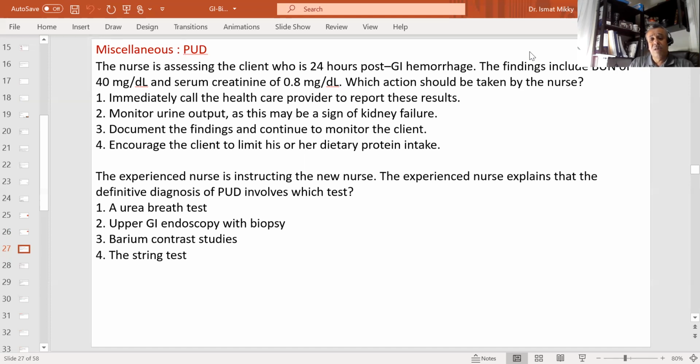The biopsy makes it possible to differentiate peptic ulcer disease from gastric cancer and to obtain tissue specimens, so we can identify the H. pylori. These can be used to make a definitive diagnosis of peptic ulcer disease.